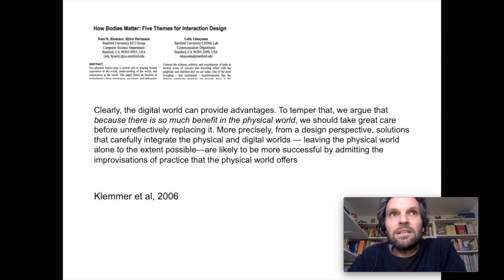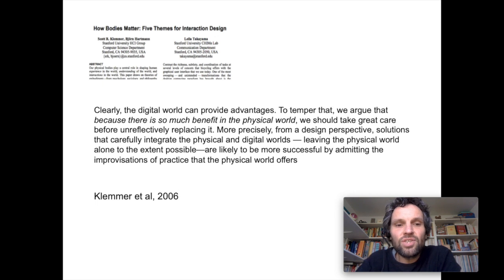Right? So digital and interactive and computers are not always better at things. There's a value in things being tangible, physical, that you can have them well in hand. More precisely, from a design perspective, solutions that carefully integrate the physical and digital worlds, leaving the physical world alone to the extent possible, are likely to be more successful by admitting the improvisations of practice that the physical world offers.